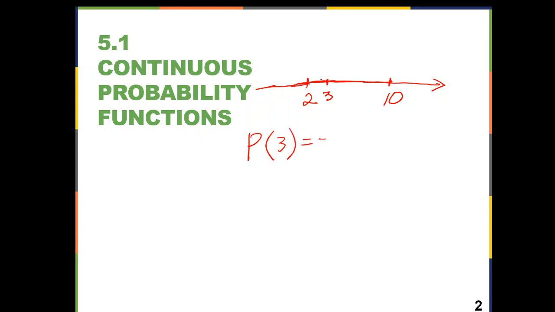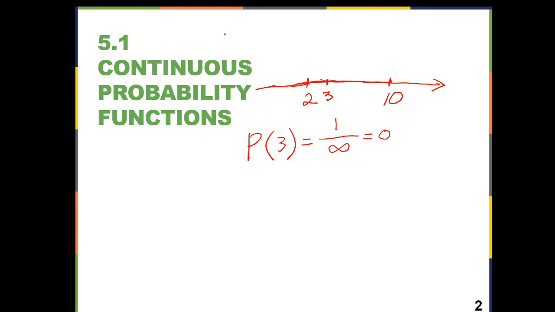Well, 3 is one number, right? But how many numbers do we have? Infinite. So what's 1 divided by infinity? Well, that's 0. So the probability of a single number is really 0. So how do we deal with this?